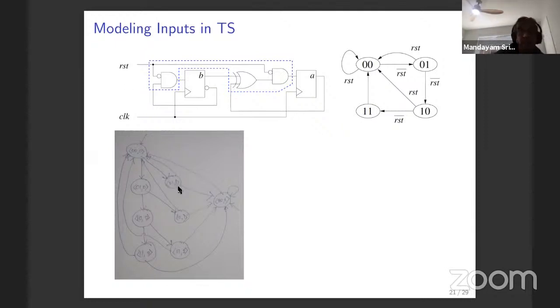Or if your environment is more constrained, you can use the rules of how the state variables that are part of the environment change. If it is done in a constrained fashion, that can also be included as part of your transition relation.